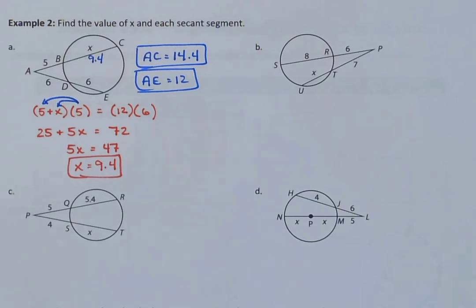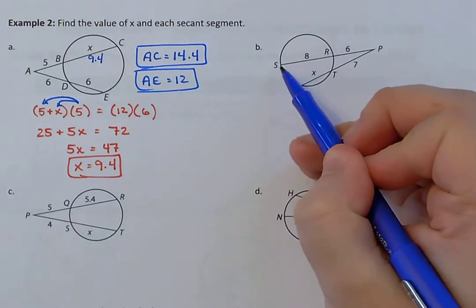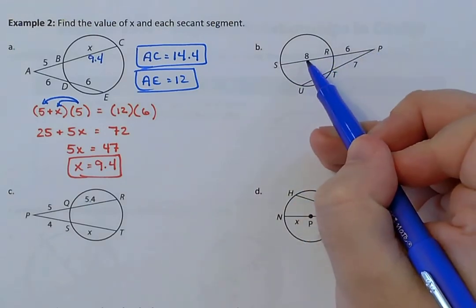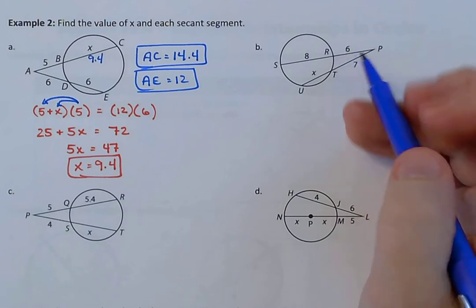So if we take a look real quick at part B, we're going to follow the similar idea. So it's the secant times the external part. So the secant is the whole thing. So the whole thing of PS is 8 plus 6.